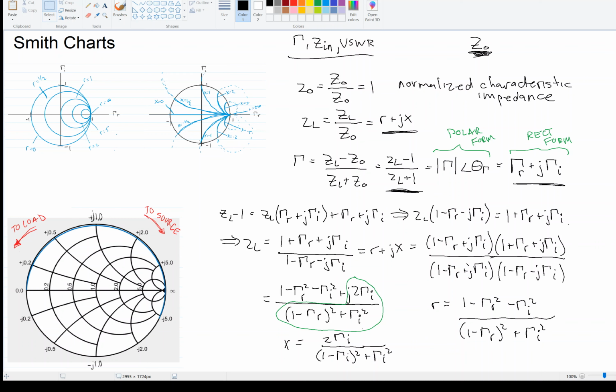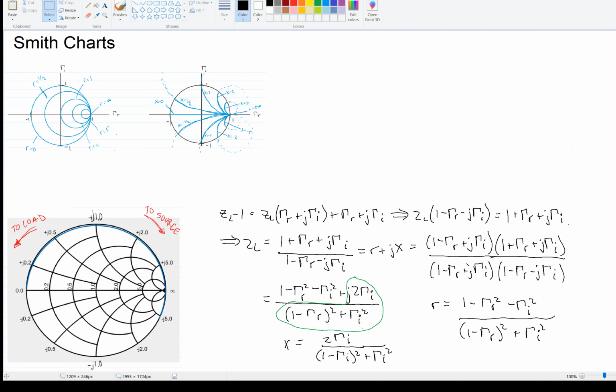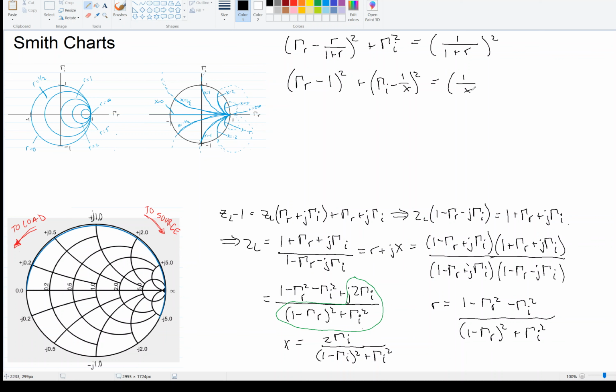All right, so let me erase some of this. Now, with some algebra, we can work this out by completing the square and so on, to this for the resistive part, and for the reactive part, we can do something similar and get this.